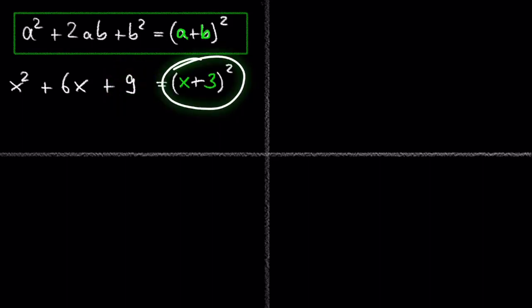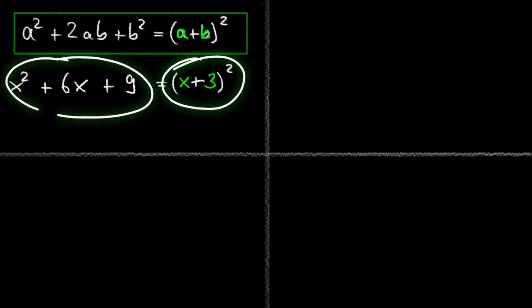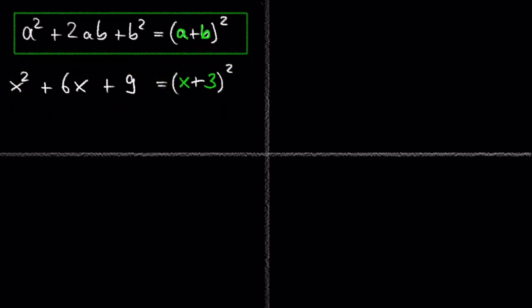But is the right hand side really the same as the left hand side? The only thing now which is still to check is if 2ab is 6x. 2 times a, where a is x, is 2x.